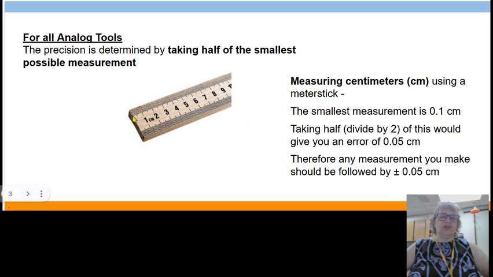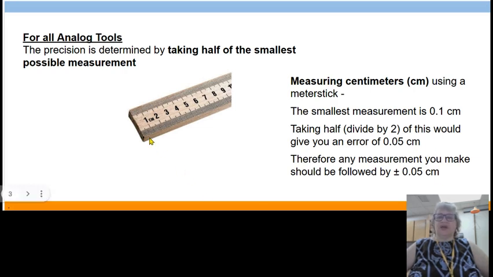That would be each one of the tiny black lines. You're going to take half of that smallest possible measurement. The smallest measurement would be 0.1 centimeters. Take half of that, so your uncertainty would be plus or minus 0.05 centimeters.